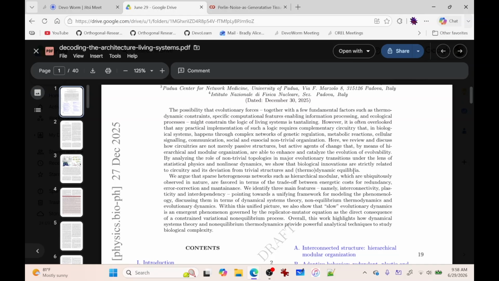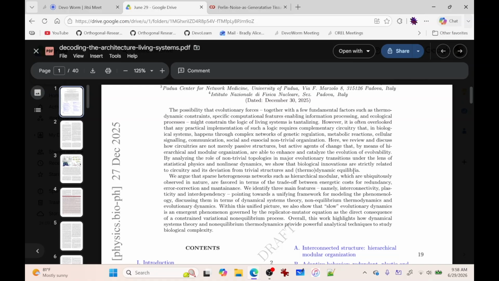So, when we get an innovation, like say we get a new type of brain in evolution, this is, of course, related to circuitry. The locus of evolutionary change or of plasticity has to be at the circuit level.